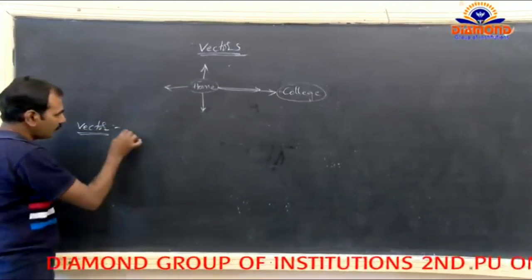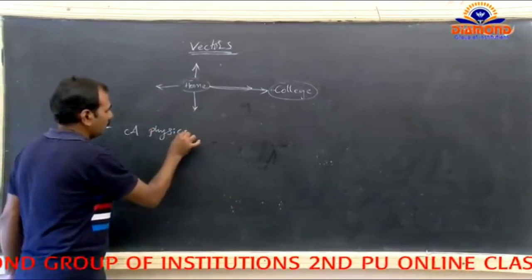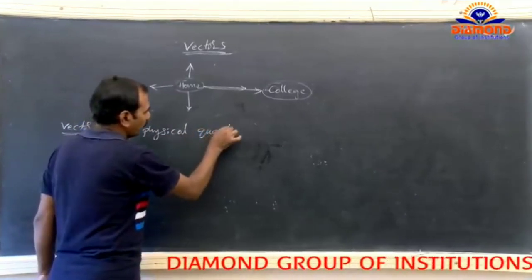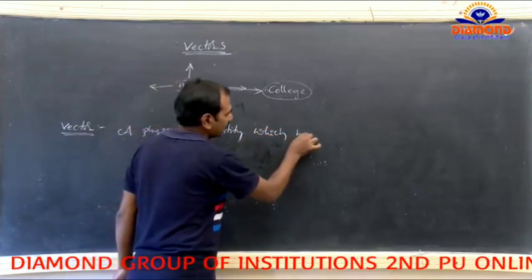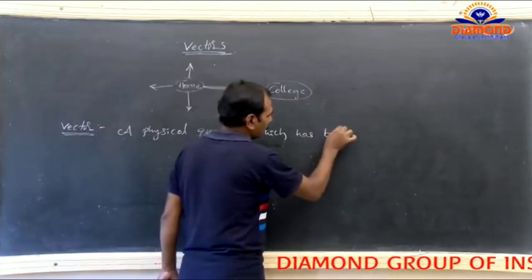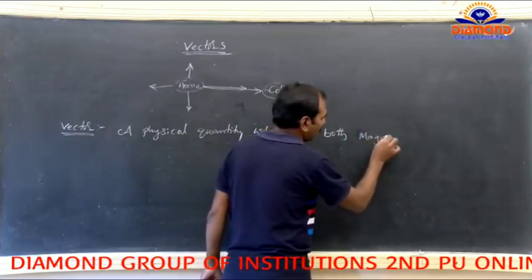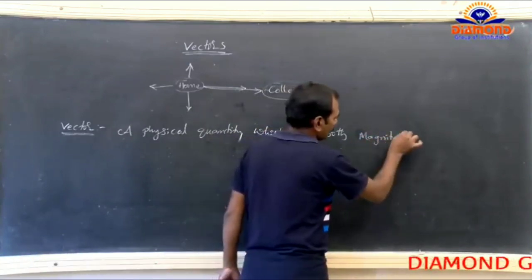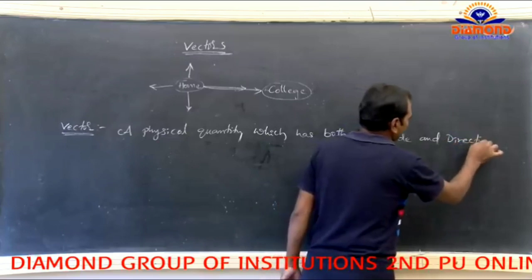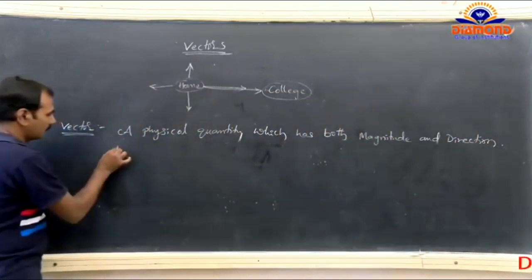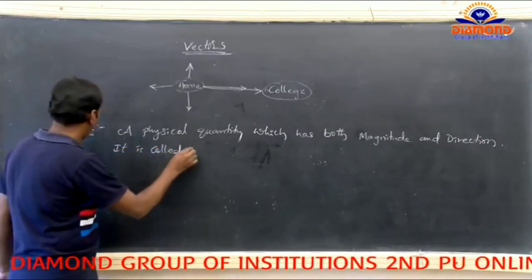Vector means a physical quantity which has both magnitude and direction. It is called a vector.